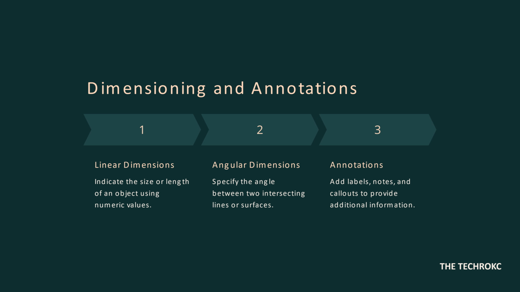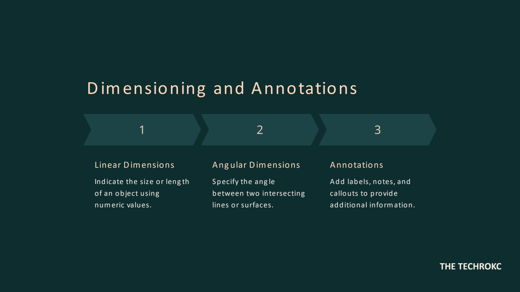Next, we have the angular dimensions. Angular dimensioning is the act of specifying angles between two intersecting lines or surfaces. Angles are formed when two lines or two surfaces intersect.